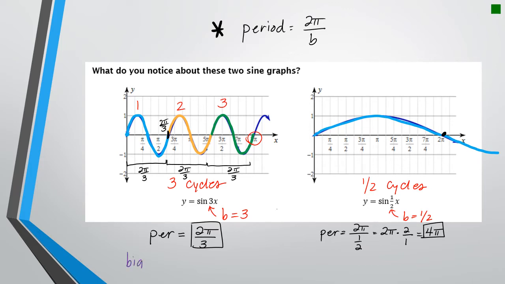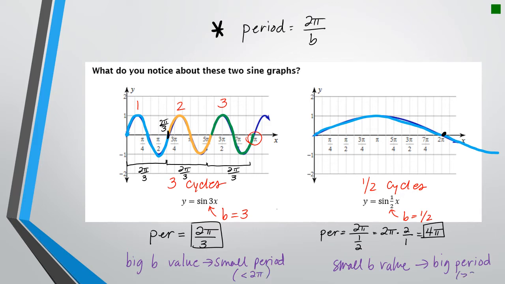If you have a big b value, you're going to have a small period. If you have a small b value, like in this one, where our b value was 1/2, you're going to have a big period. By big period and small period, I mean that a small period would be less than 2 pi, and a big period would be greater than 2 pi.